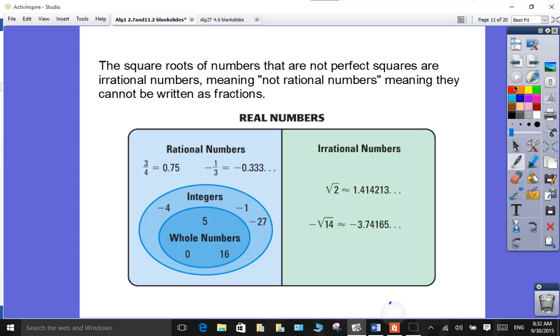But in fact, it is kind of what you end up doing here. You assume that the square root of 2 is a fraction, and then you prove why that leads to a contradiction, which means you go back and say, okay, well then it can't be true.